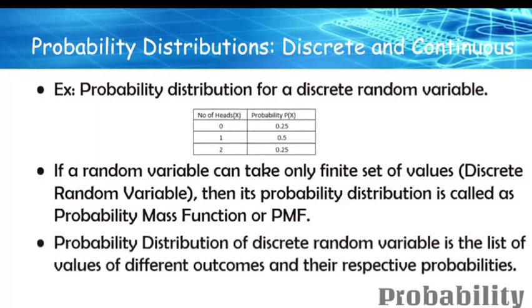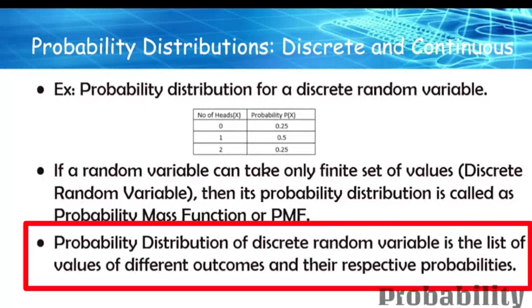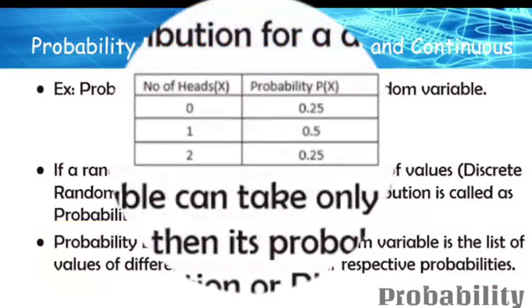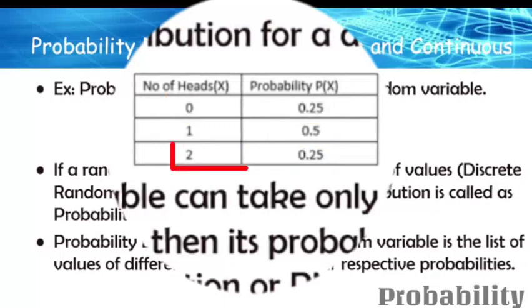The probability distribution of a discrete random variable is a list of values of different outcomes and their respective probabilities, as given in the list above, where we can see 0, 1, 2. So 0 heads has probability 0.25, 1 head has 0.5, and the probability of getting the third head is 0.25.